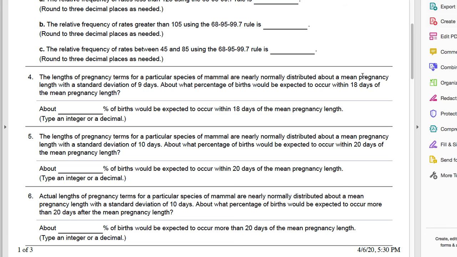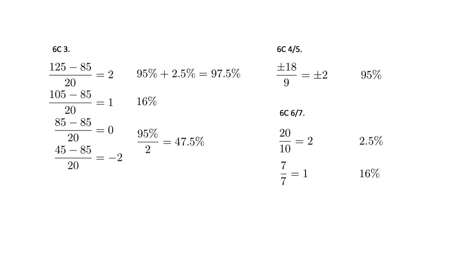They're not telling us the mean, but they're saying it's within 18 days of the mean, and the standard deviation is 9. If it's within 18, it could be plus 18 on top or minus 18. You don't know which. But either way, you get a 2, either plus 2 or minus 2. And we know from the rule that 95% of the data is between a -2 and a +2.